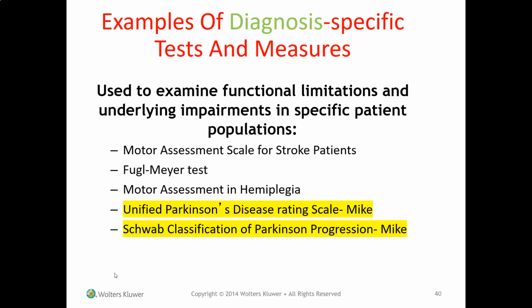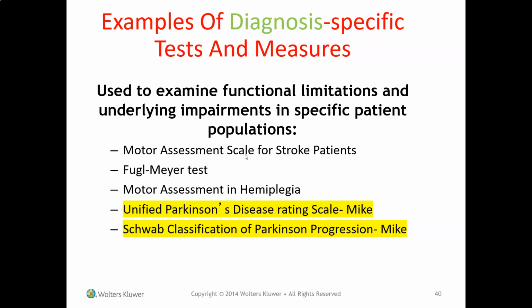Now, examples of diagnostic specific tests. Okay, so remember all the other ones were age specific. These are diagnostic specific, used to examine functional limitations and underlying impairments in a specific patient population.